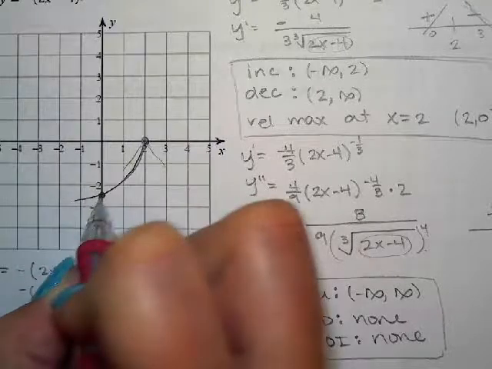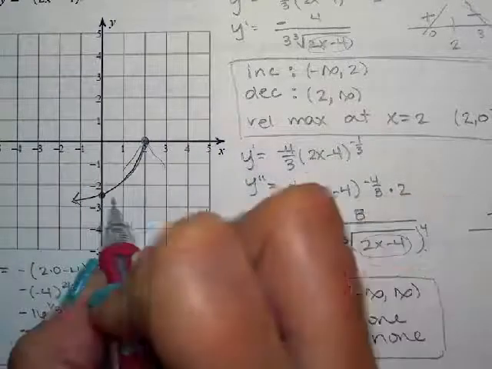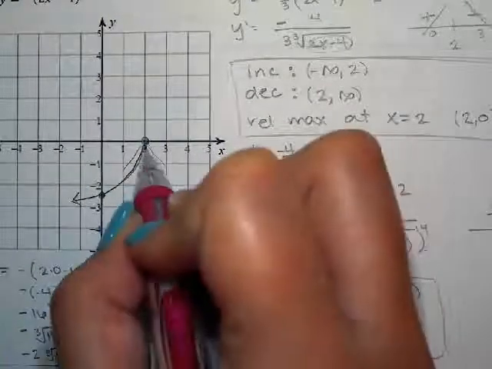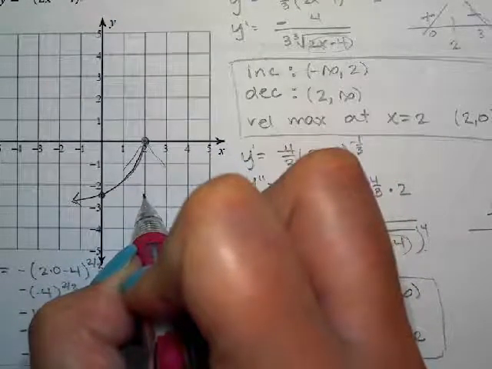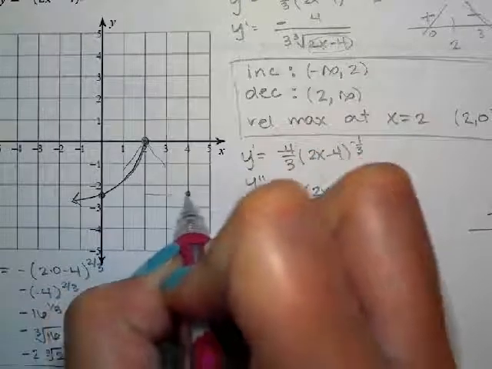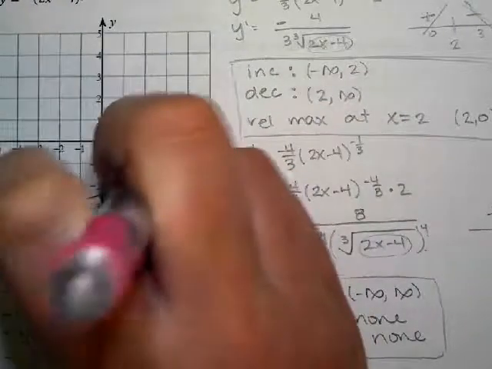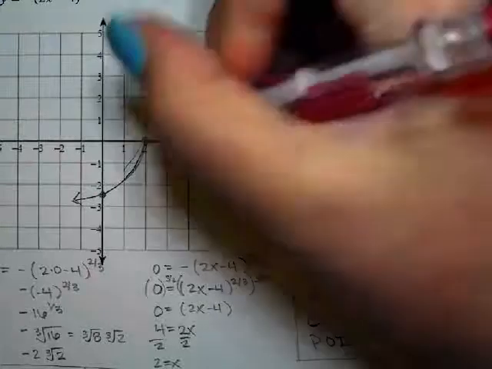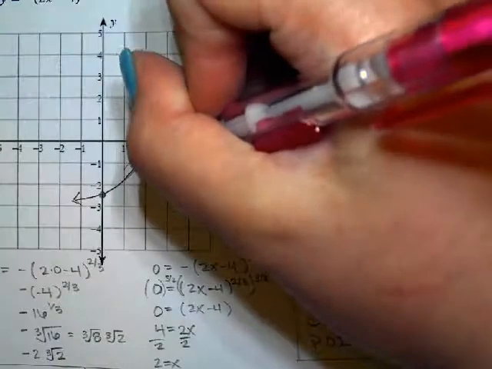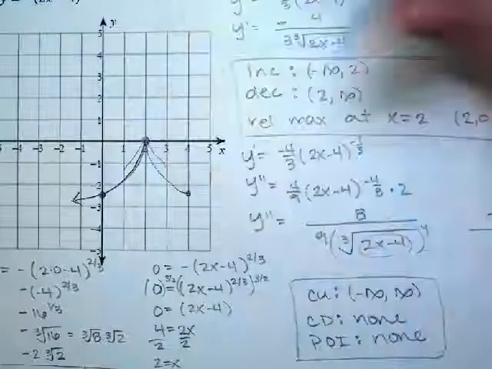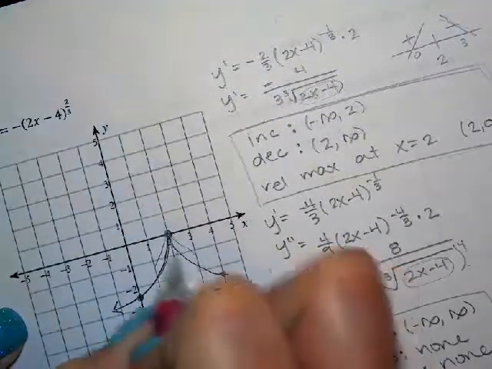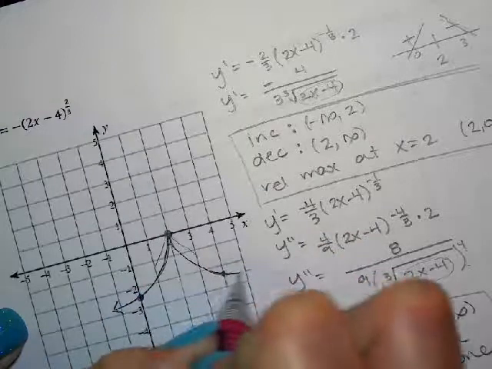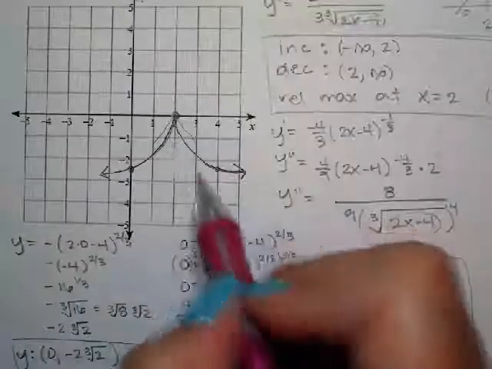And there's going to be some symmetry here. So I'm going to say this is kind of like an axis of symmetry right here. So I'm going to go down over here and draw another point that's kind of symmetric to that y-intercept. And then I'm going to draw my concave up on the other side. So here is our relative maximum, but that derivative doesn't exist.